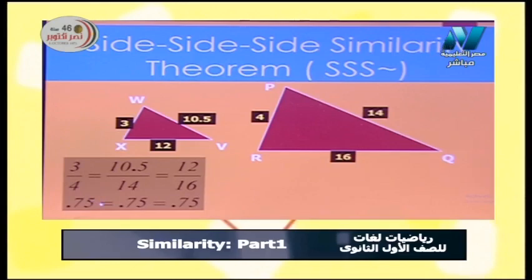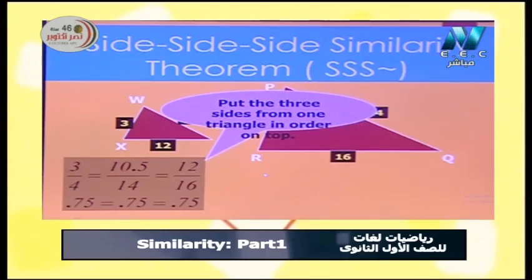We will find the answer will be 0.75, or 7.5 over 10. So 3 over 4 equals 10.5 over 14 equals 12 over 16 equals 0.75. So the two triangles here are similar.